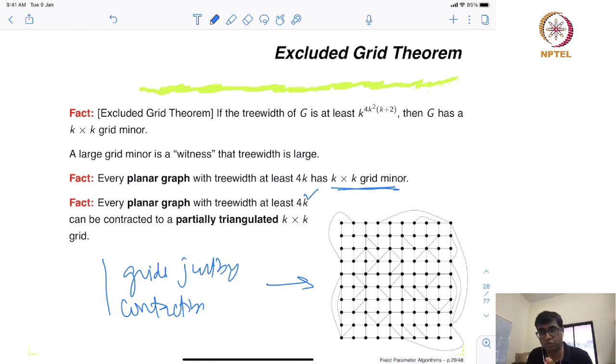Even then we can show that we may not be able to get a grid, but we can get a grid-like structure, which you can see here, and it is called a partially triangulated k times k grid. So, not only does treewidth 4k imply a k times k grid as a minor, it also implies something which we can obtain just from contraction.